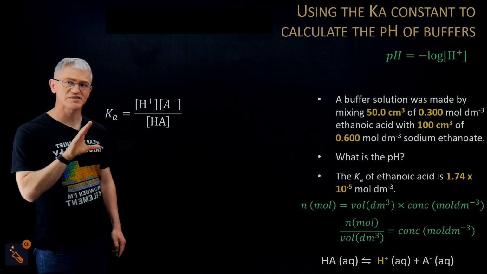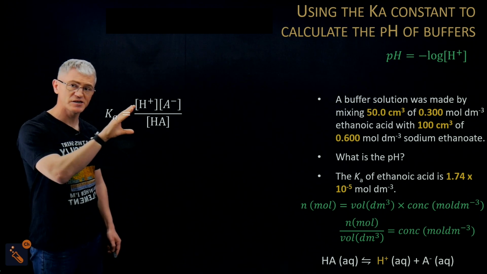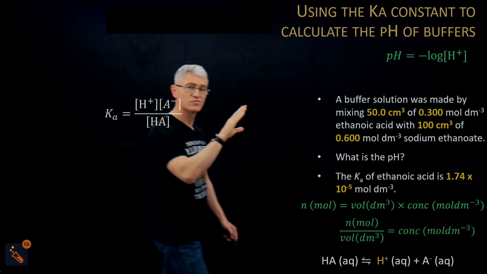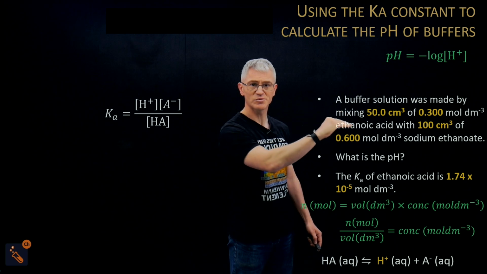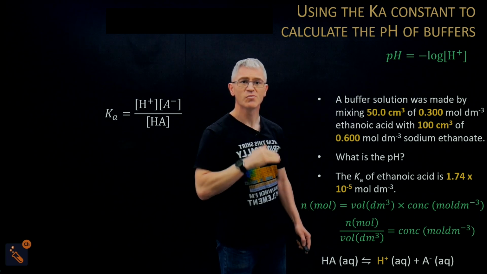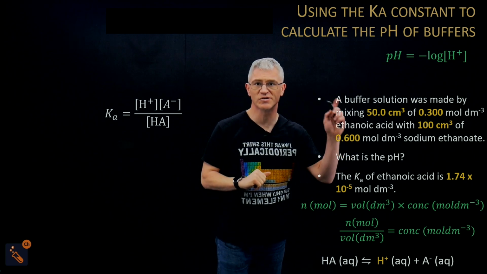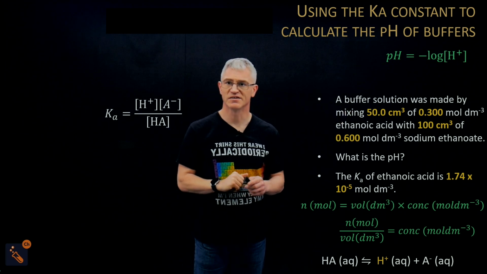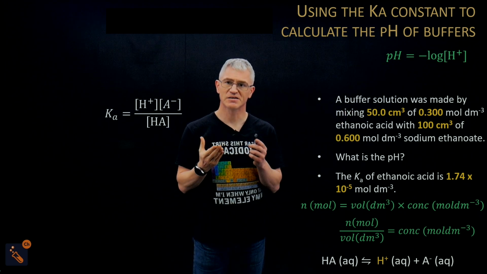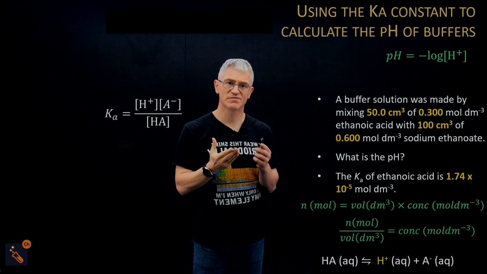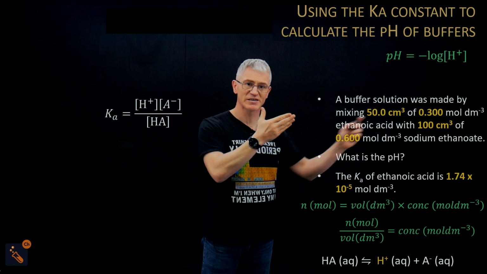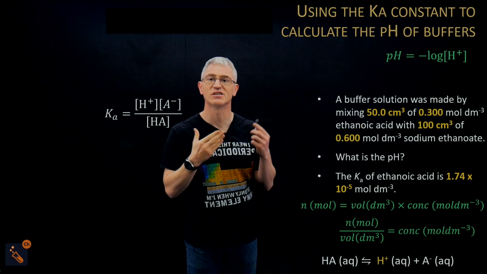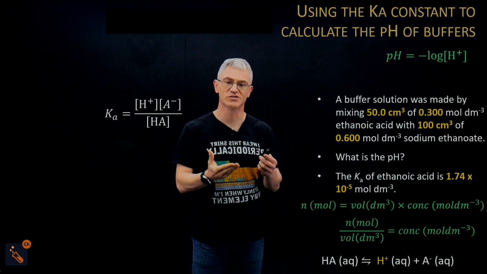Now, we want to know the H plus. Because we've got 50 centimetres cubed and 0.3, and because we have 100 centimetres cubed and 0.6, we can work out the moles of the sodium ethanoate and the moles of the ethanoic acid. Now, the important thing for you to realise is that they're adding this together. So 50 is being added to 100. This is the key you have to do in a lot of these equations.